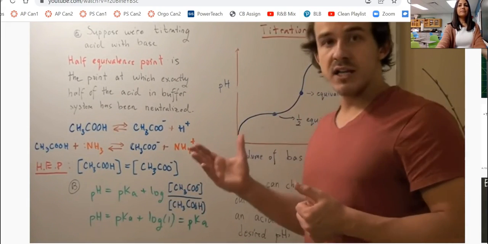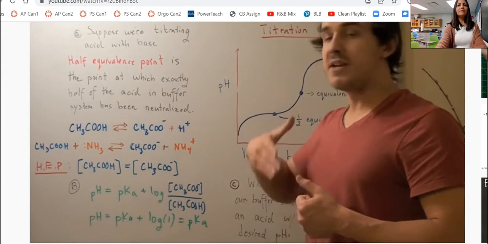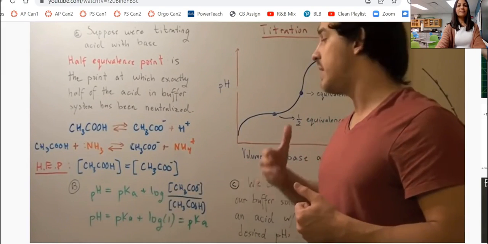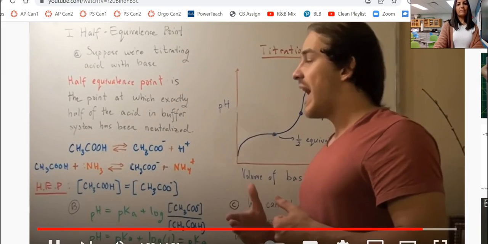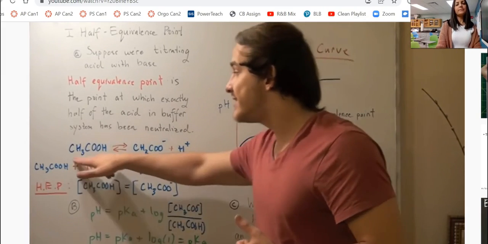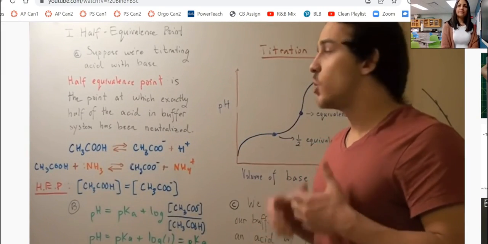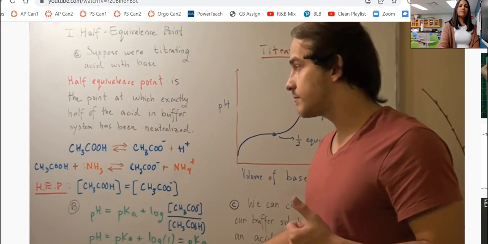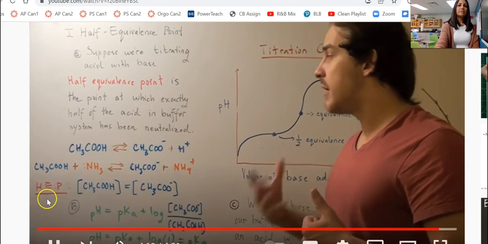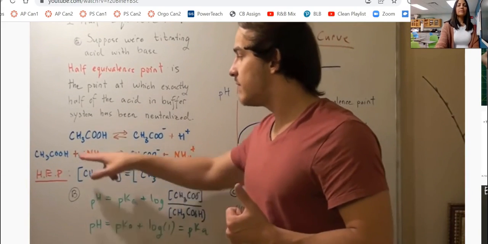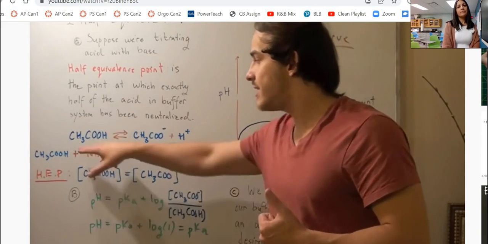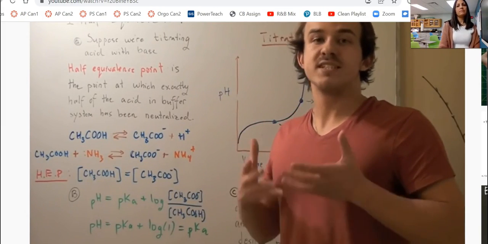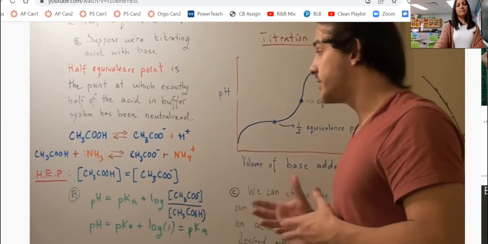I go online, I find my table, I look up an acid with a pKa closest to 4.7, and I find that it's acetic acid. So now I know, using this equation here, that if I choose my buffer system to consist of acetic acid, the pH of my buffer system will be 4.7, and that's important.